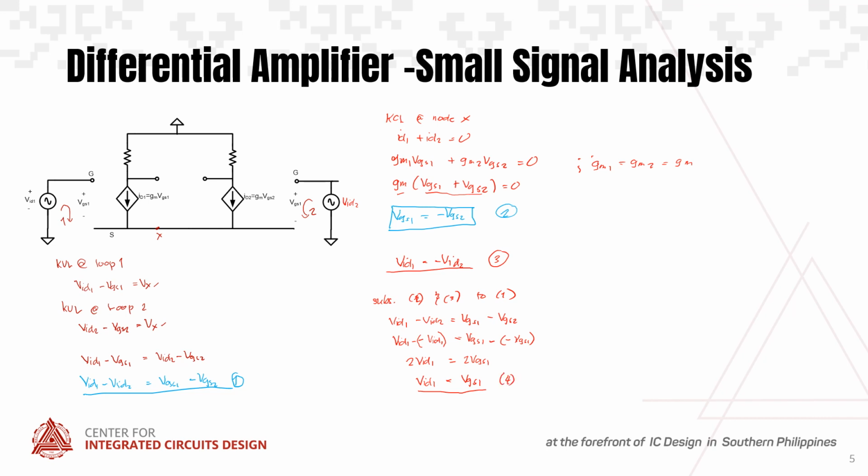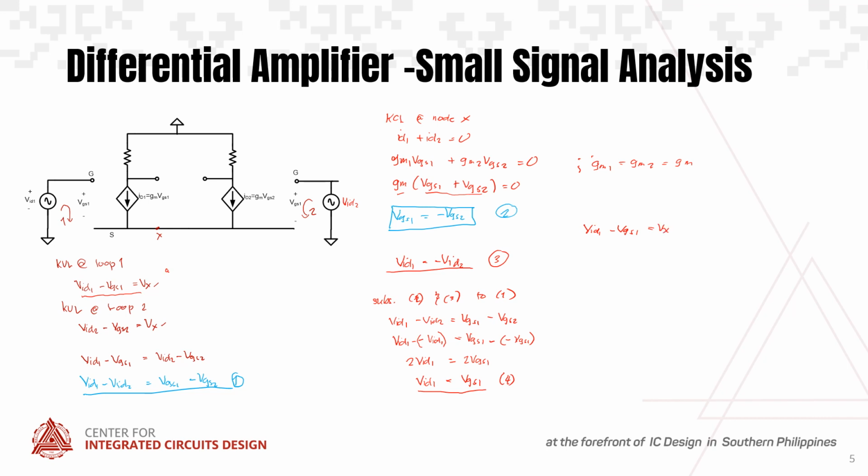With this equation 4, we know from the KVL in loop 1 and loop 2, let's say equation A, we have VID1 minus VGS1 equal to Vx.